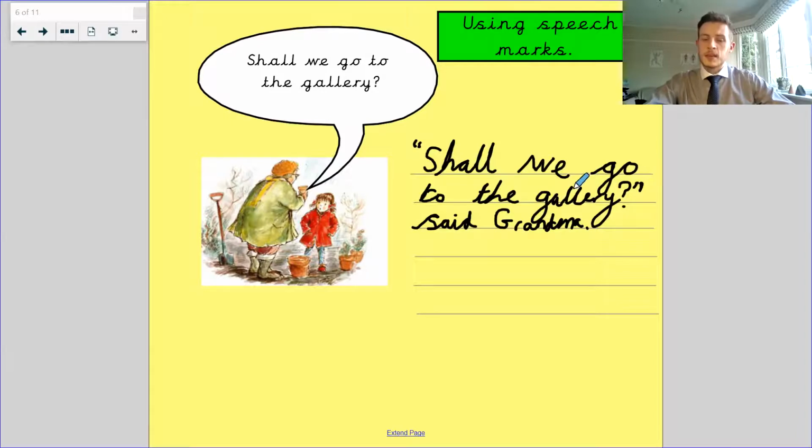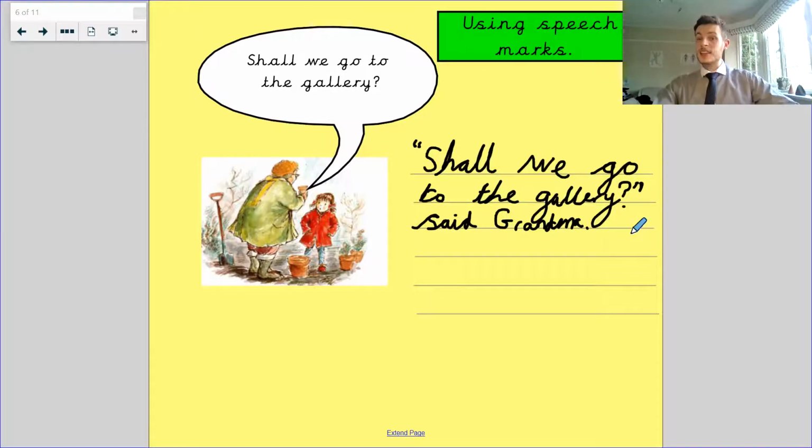Now, you might be thinking, well, Mr. Watkiss, you've always told us that when you've got something like a full stop or an exclamation mark or a question mark, the next sentence is with a capital letter. You're right. But because it's speech, when somebody's talking, we need to find out who's talking, which means we can't have a brand new sentence of a capital said grandma, because that then stands on its own as if it's a different sentence.